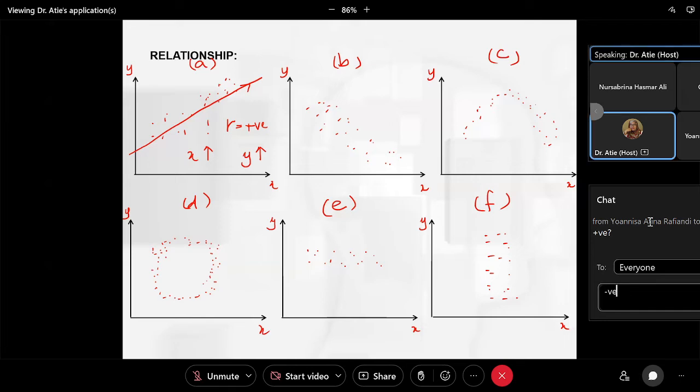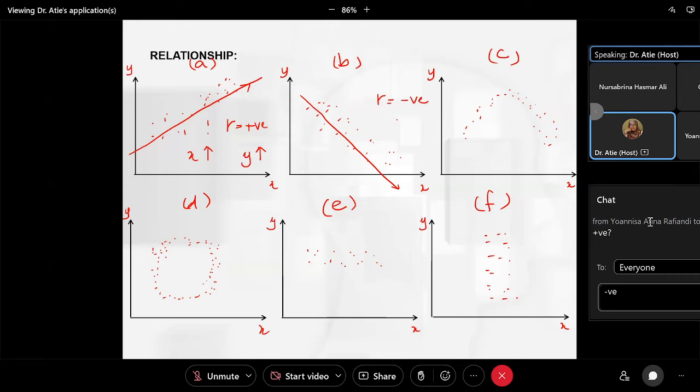Yes, definitely, you can see that. But is it positive or negative? Negative. Okay, because when you look at the slope, just draw a straight line, for example. It moves sloping down, so this one is a negative relationship.